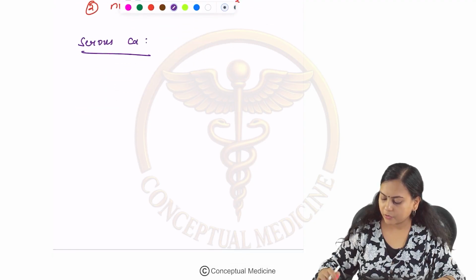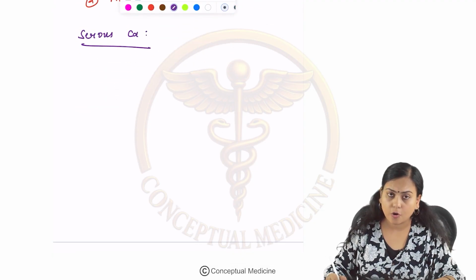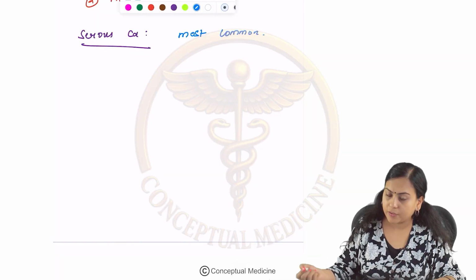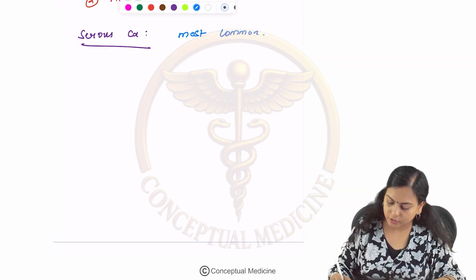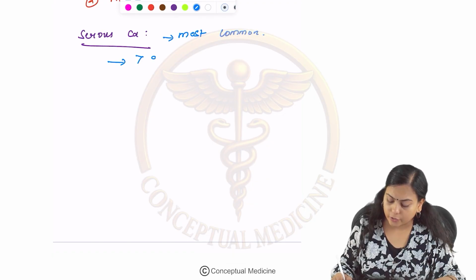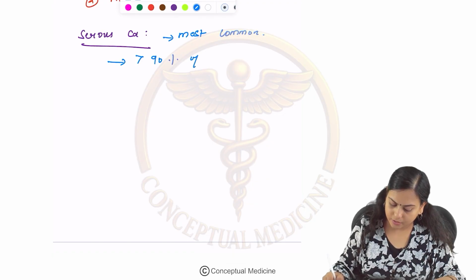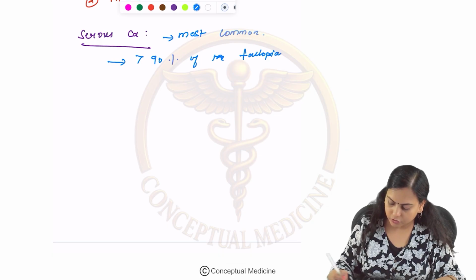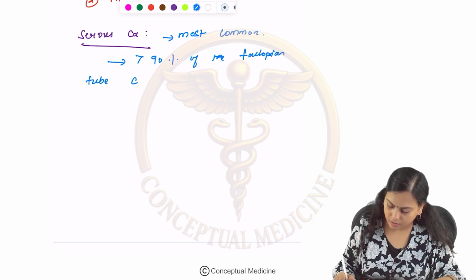So, I told you this is the most common tumor, right? This is the most common tumor in both the ovary and the fallopian tube, and it is going to make more than 90% of the fallopian tube carcinomas also.